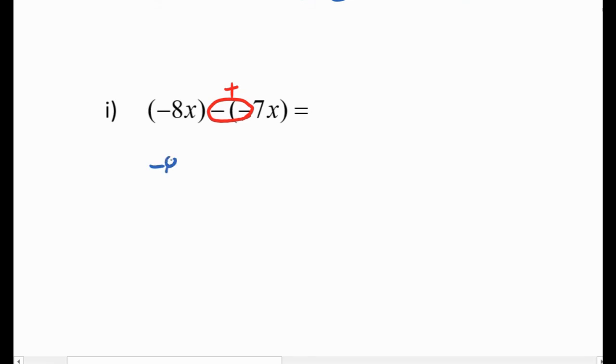We get negative 8x plus 7x. So the positive sign is hiding here. Which one do you have more, negative sign or positive sign? You have one more negative sign. So the answer is negative 1x, so that is negative x.